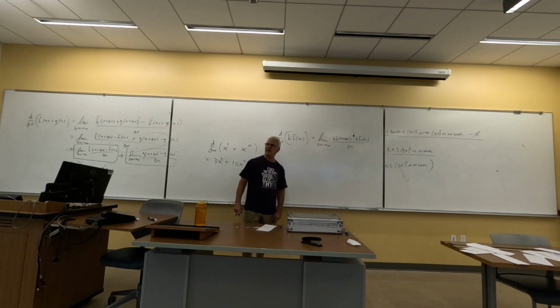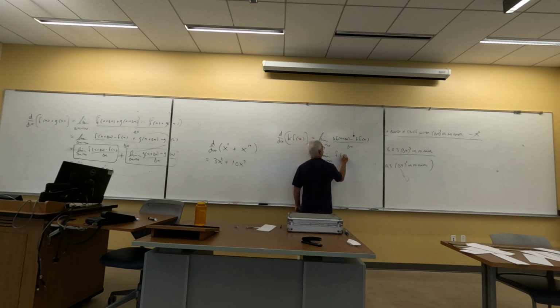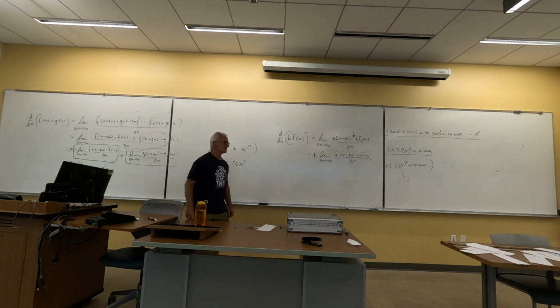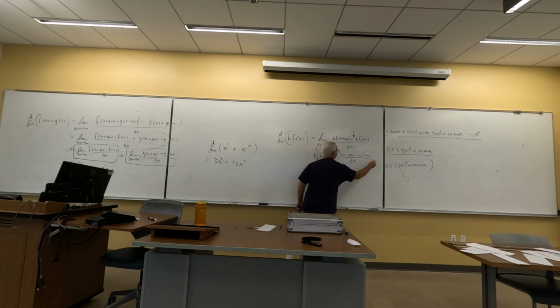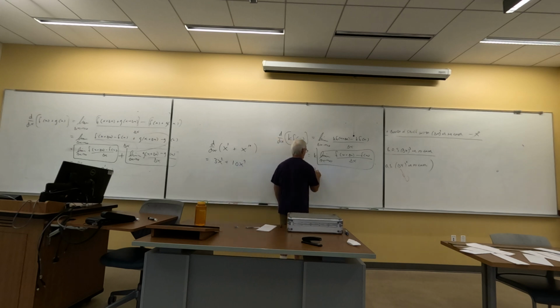Can I factor the k out? True or false? Yep. Okay, now what? We're done. That's f prime of x, isn't it? Oh my gosh. Is it really that simple? Yeah, it was actually that simple to prove.